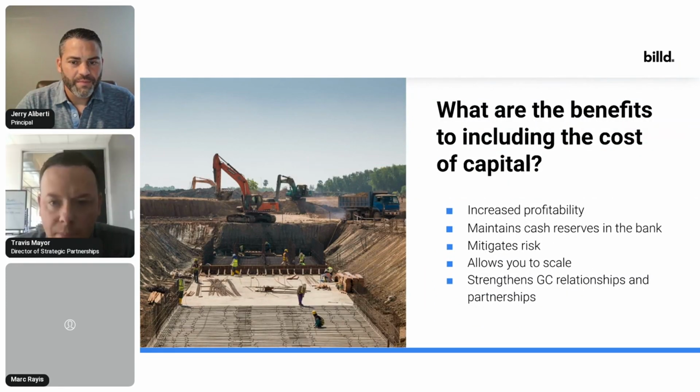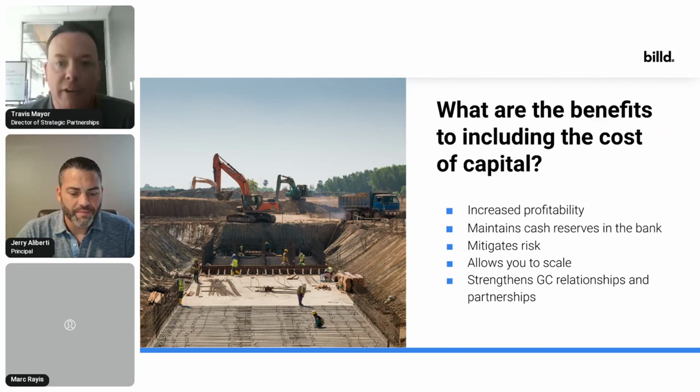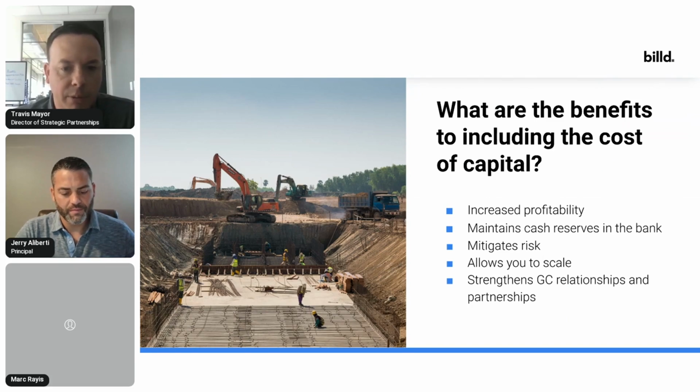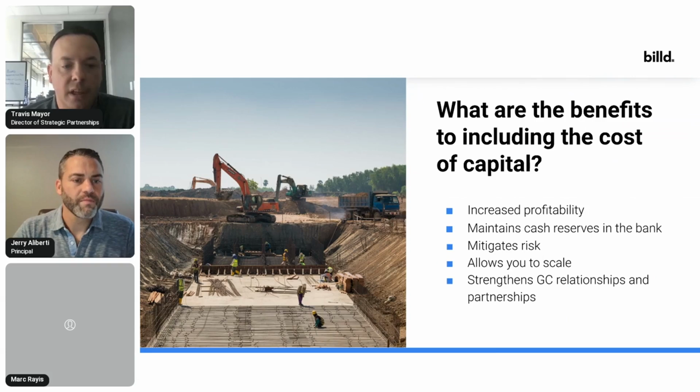And so what I just talked about, what are the benefits of including the cost of capital? This is really a recap. First, increased profitability. We talked about at the beginning of the presentation, 48% of contractors account for the cost of capital. In our market report, you answered 40% here.